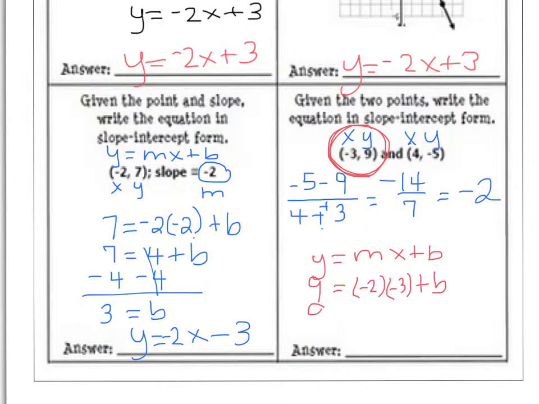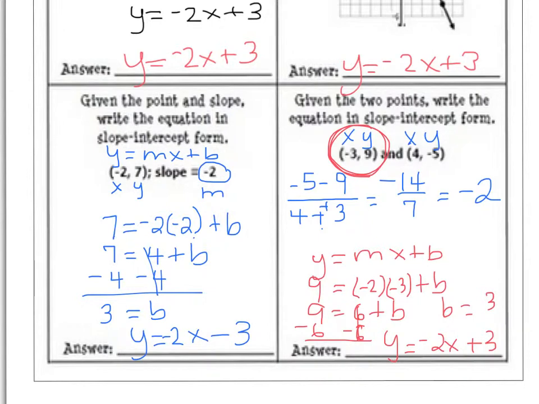Okay, so I get 9 equals 6 plus b. My last step is to subtract the 6. And I get b equals 3. My equation, just like the other three, negative 2x plus 3.